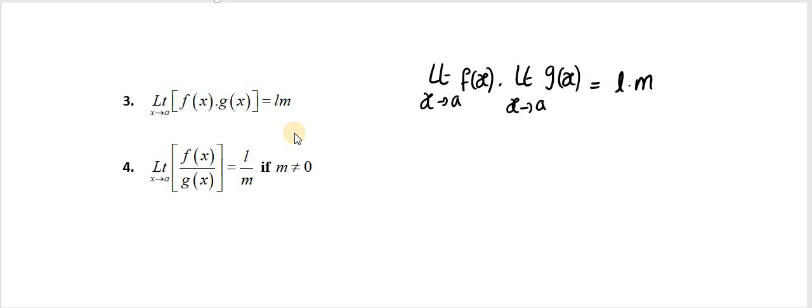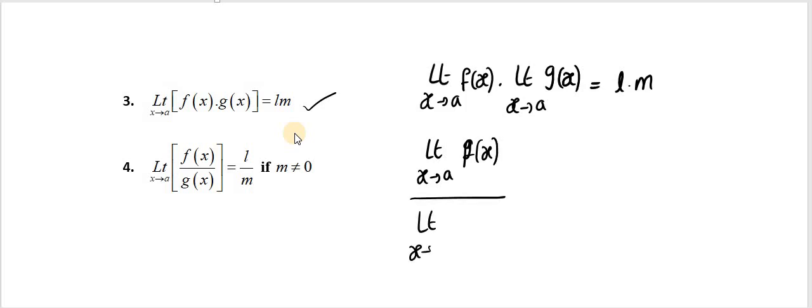Substitute, then we are going to get L into M. Fourth one, limit x tends to a of f(x) by g(x) equals L by M. That means apply separate limit for numerator, that is f(x), separate limit for denominator, that is g(x). Substitute the values, then we are going to get L by M.